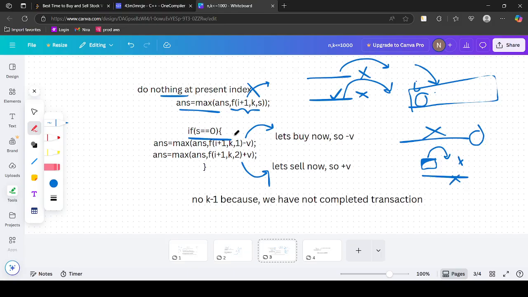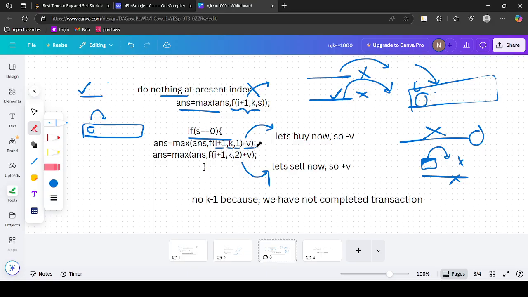So if s is equal to 0, we can try to buy now. If we are buying now, what will be the status for the rest of the array? We discussed that status is equal to 1 if we are buying. So for the rest of the array, we have to say that we bought now. So it will be f(i+1, k, 1), because we are buying here.